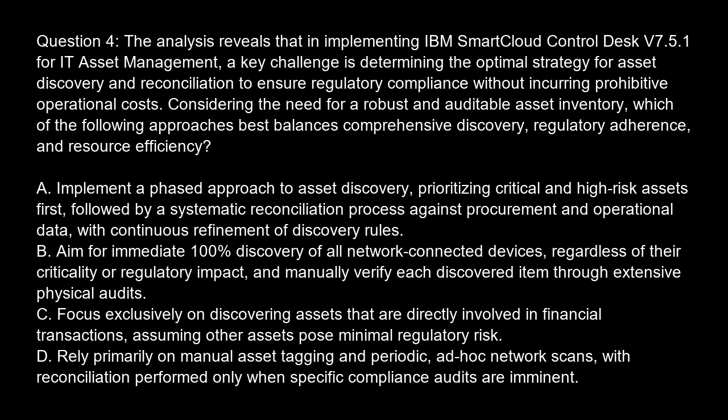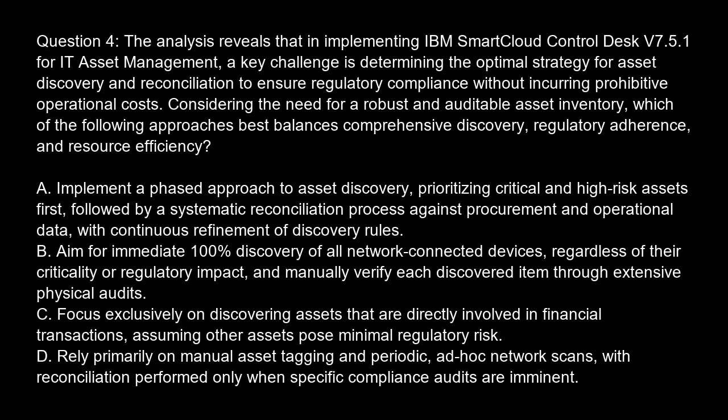Option A. Implement a phased approach to asset discovery, prioritizing critical and high-risk assets first, followed by a systematic reconciliation process against procurement and operational data, with continuous refinement of discovery rules. Option B. Aim for immediate 100% discovery of all network-connected devices, regardless of their criticality or regulatory impact, and manually verify each discovered item through extensive physical audits.